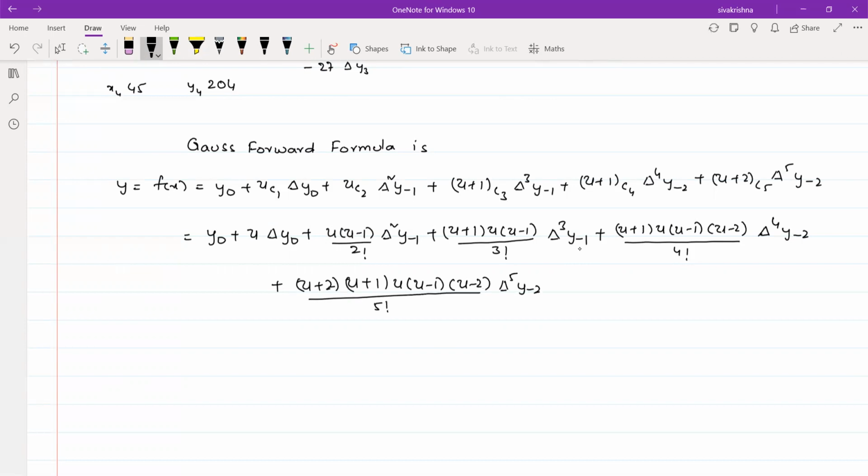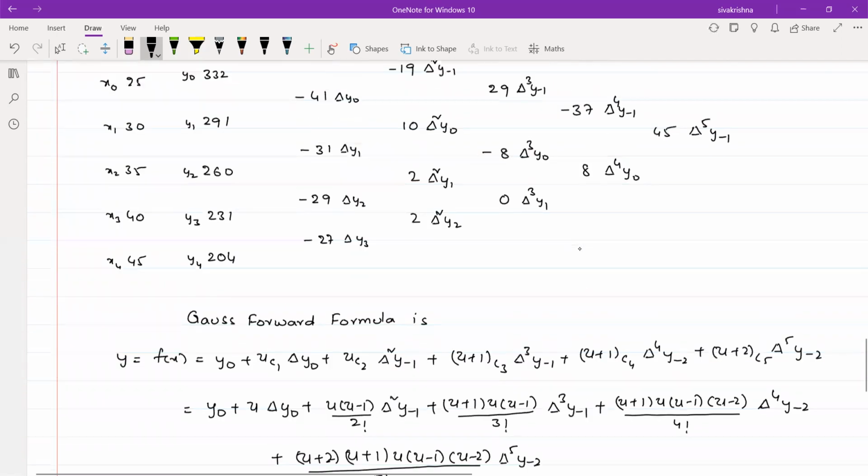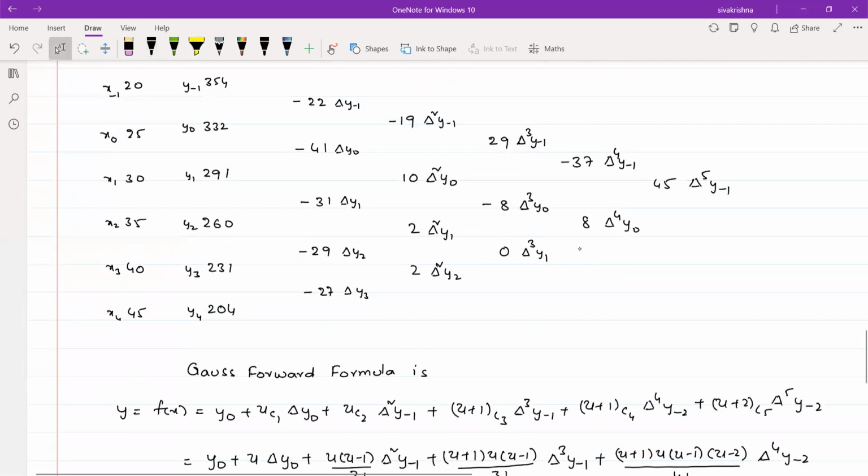Okay, so now coming to the table, first we have to round the value of y naught. After that we have to move an arrow downwards towards delta y naught, so I round the value delta y naught.